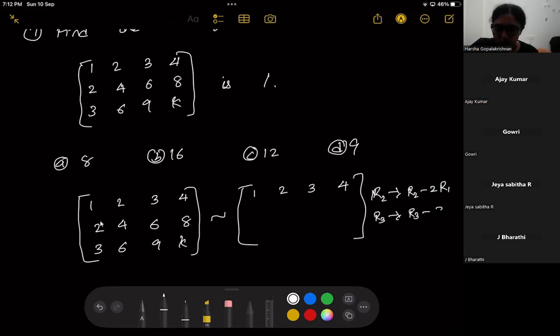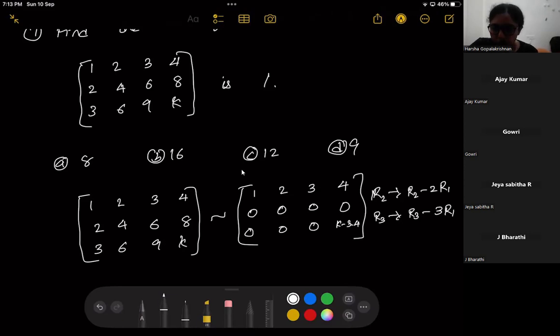For that, 2 minus 2 times 1 I should do. That is why I am taking R2 minus 2 R1. Here also 3 minus 3 times 1, for that I am taking R3 minus 3 R1. So R2 minus 2 R1, everywhere I will get 0. And R3 minus 3 R1: 3 minus 3, 6 minus 6, 9 minus 9, and K minus 3 into 4.